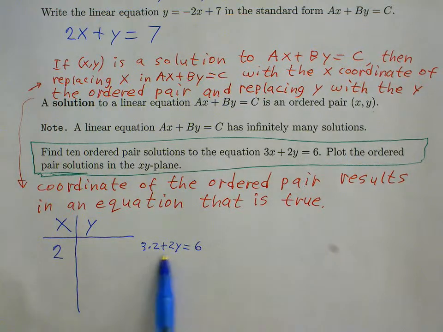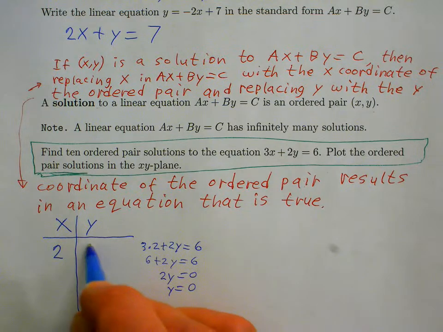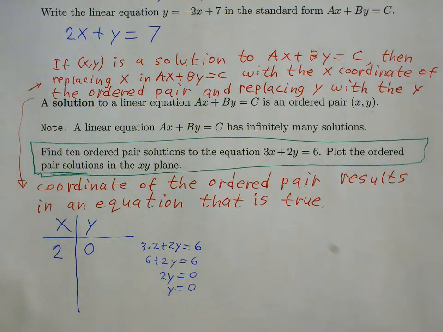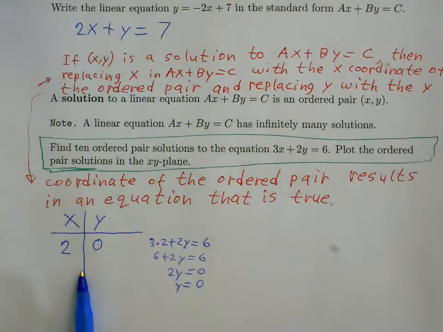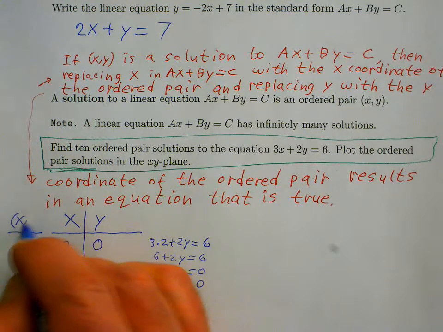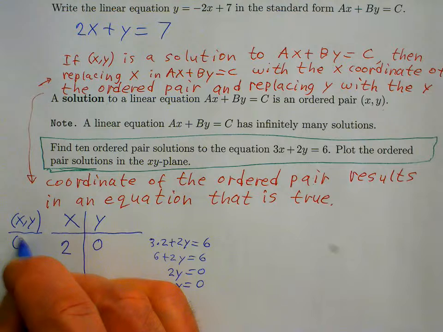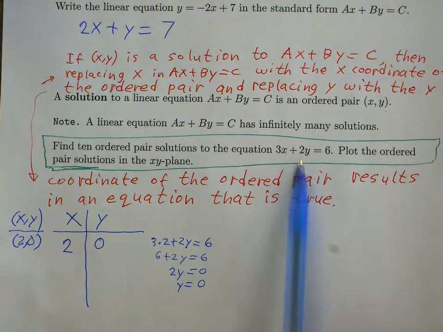So I get 3 times 2 plus 2y equals 6, or 6 plus 2y equals 6. Subtract 6 from both sides, I get 2y equals 0. Divide both sides by 2, I get y equals 0. So the ordered pair 2, 0 is a solution. In the left column, I'll write these as ordered pairs, x comma y in parentheses. So we found the ordered pair 2, 0 is a solution to that equation.